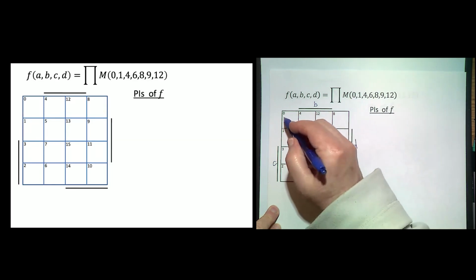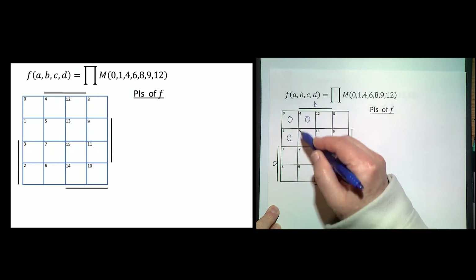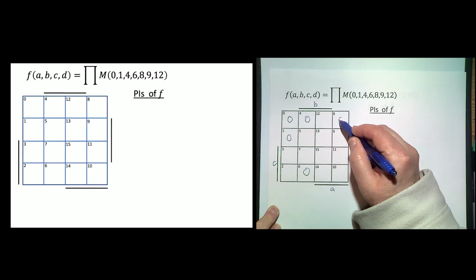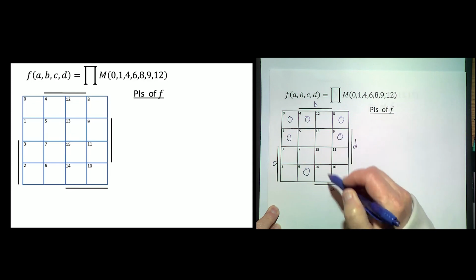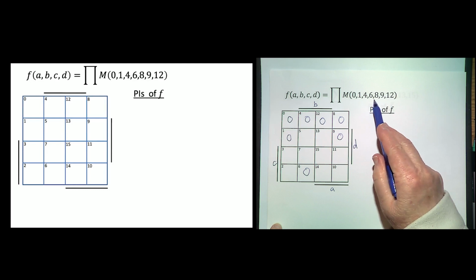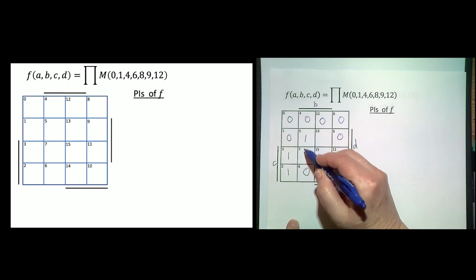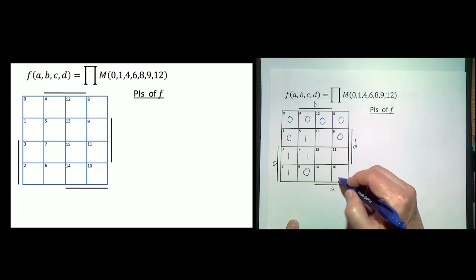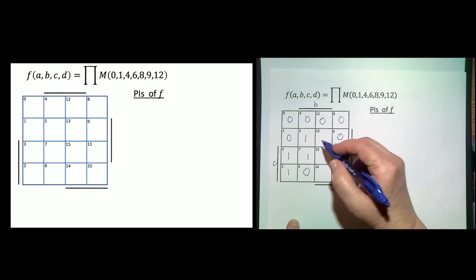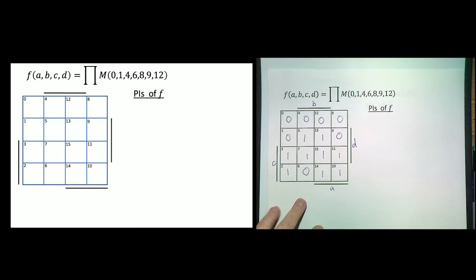So we know that there's a 0 in 0, 1, 4, 6, 8, 9, 12. So that's 7 zeros. Okay, so there's a 1 in 2, 3, 5, 7, 10, 11, 13, 14, and 15. Okay, and do you see any PIs here?